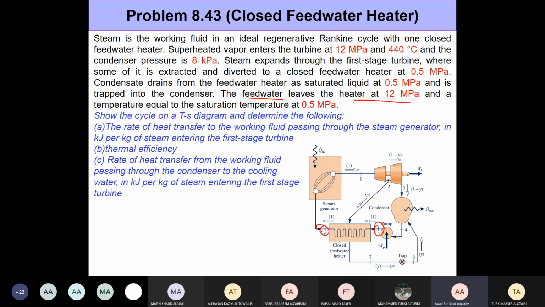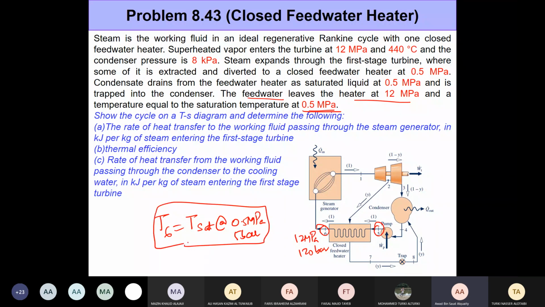So the feed water leaves at this pressure, 12 MPa or 120 bar, and a temperature which is equal to the saturation temperature at 0.5 MPa. So now we're telling you the temperature at state 6. We're saying the temperature at state 6 is equal to Tsat at 0.5 MPa, or Tsat at 5 bar. So this is given.